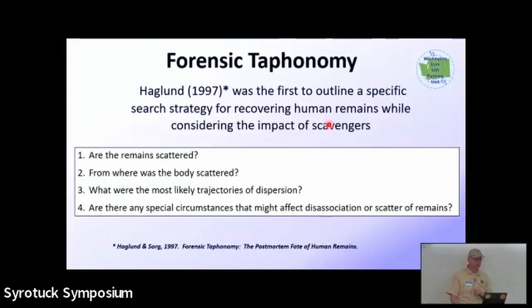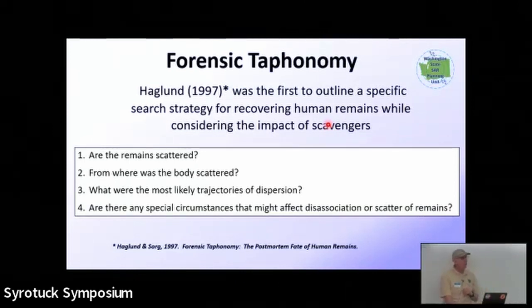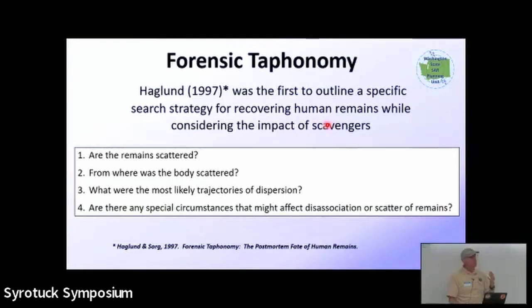One thing we were most interested in was the question, are there likely trajectories of dispersion of bones, for example? The reason for this is that a very common situation for us is that one bone will be found in the woods somewhere, and law enforcement will come to us and say, okay, we want you guys to go out and see if you can find more.